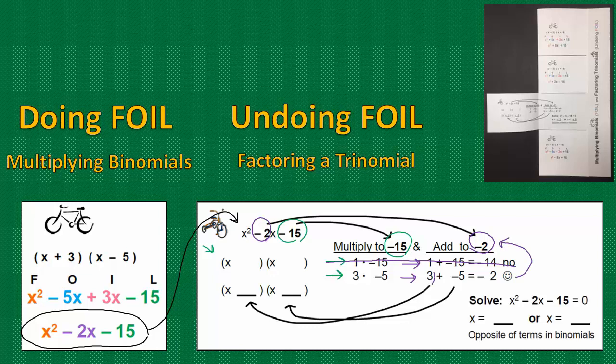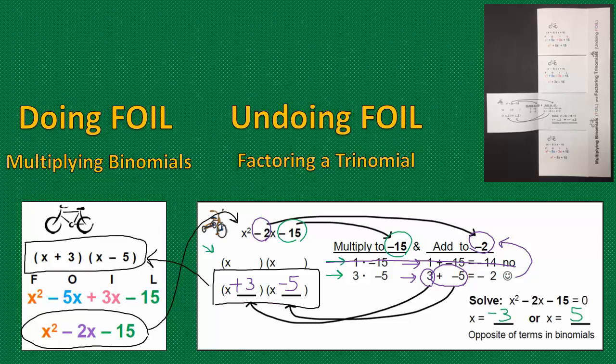So we have now found the two numbers that we need to put back into our binomials over here. Putting those numbers in, we have x plus 3 times x minus 5. Again, that is the same as what we started with over here.